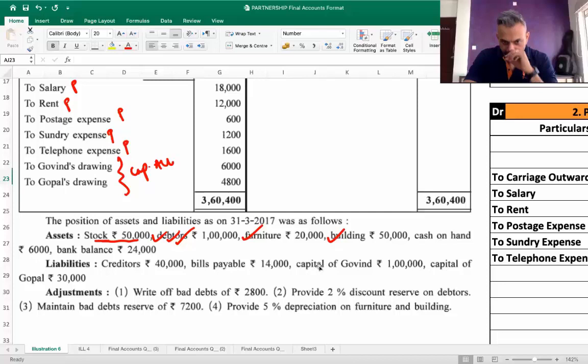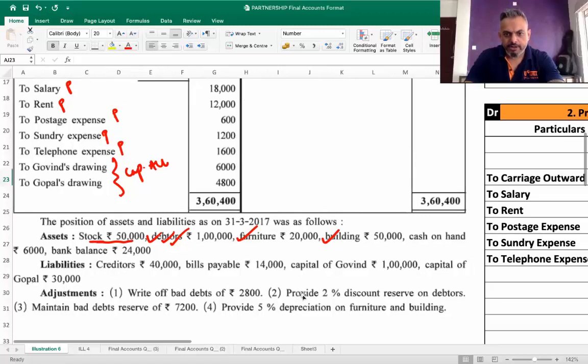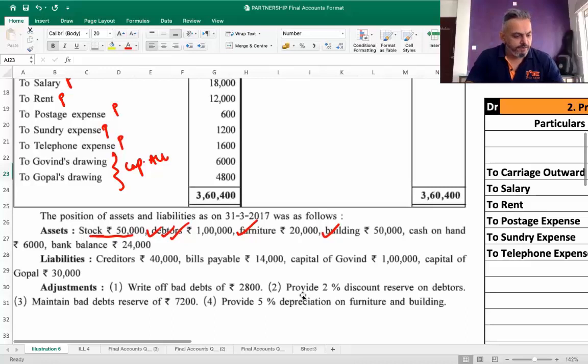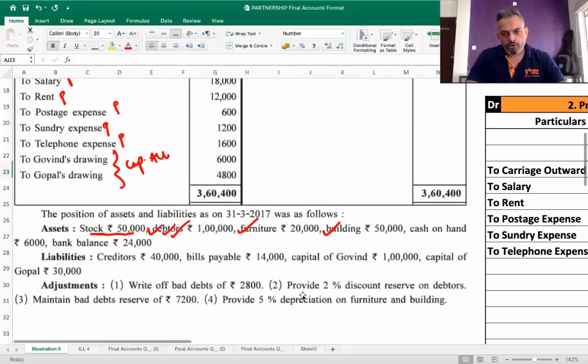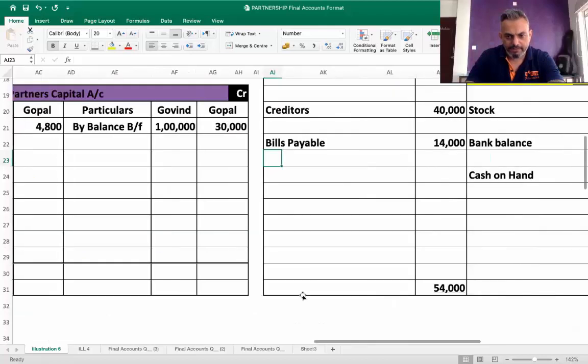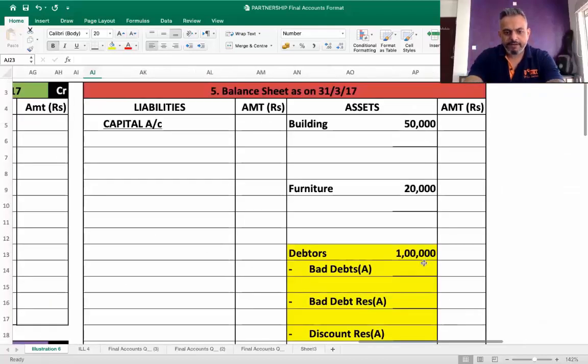Okay, now let's go to the adjustments. Write off bad debts of 2,800. Provide 2% discount reserve on debtors. Maintain bad debt reserve of 7,200. So let's go to our format for bad debts. Bad debt as per adjustment 2,800.